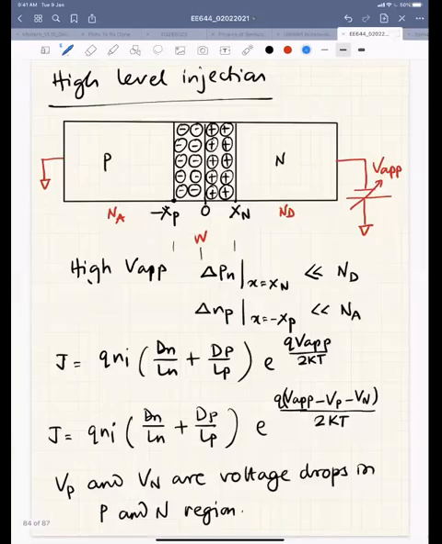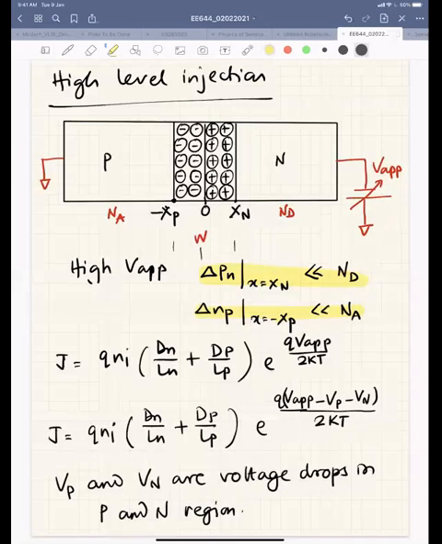All right. So if not, let's briefly discuss high level injection. Monica had some questions we clarified at the beginning of the class, but high level injection happens at higher applied voltage. Basically, the condition for high level injection is that the holes you are injecting into the N side or electrons you are injecting into the P side should be more than Na or more than Nd.